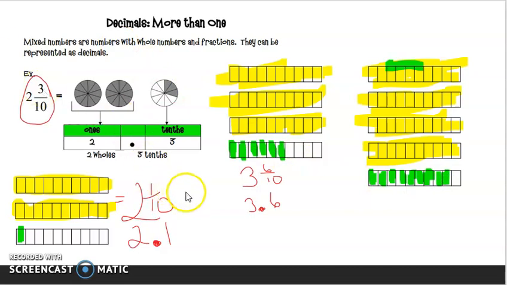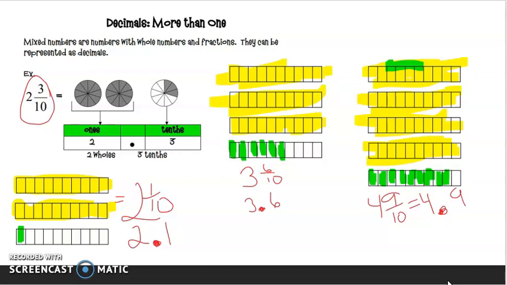Alrighty, people. Let's write our mixed number in our decimal. How many wholes do we have? We have 4 whole rectangles shaded in. And then what's our fraction? 9 tenths. What's our equivalent decimal? Our equivalent decimal, 4, and that's my decimal, 9 tenths. There you go.